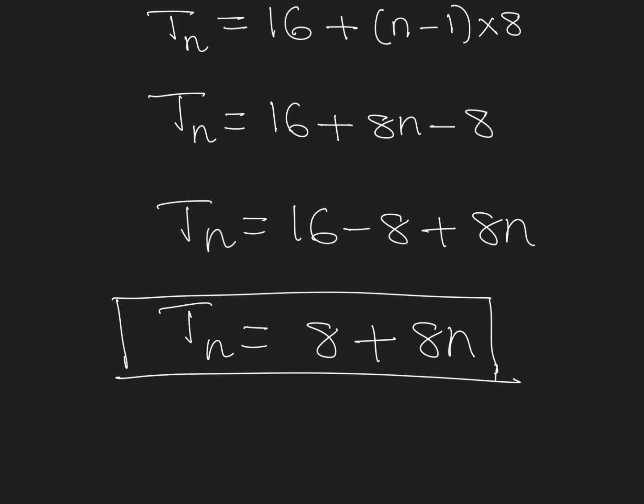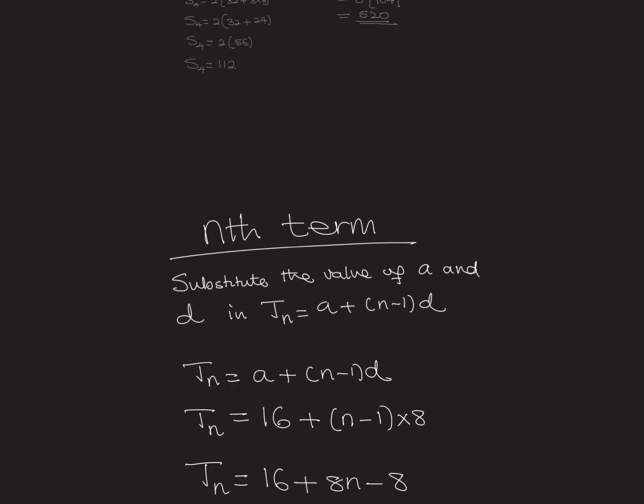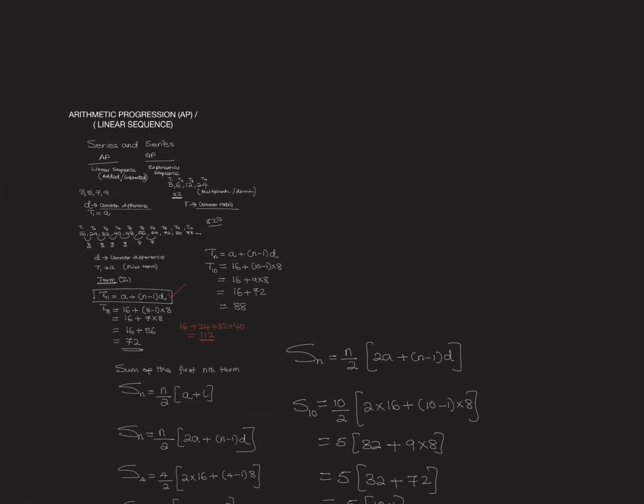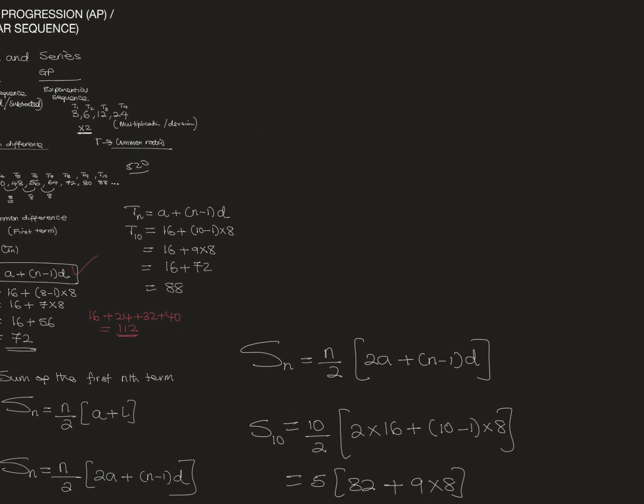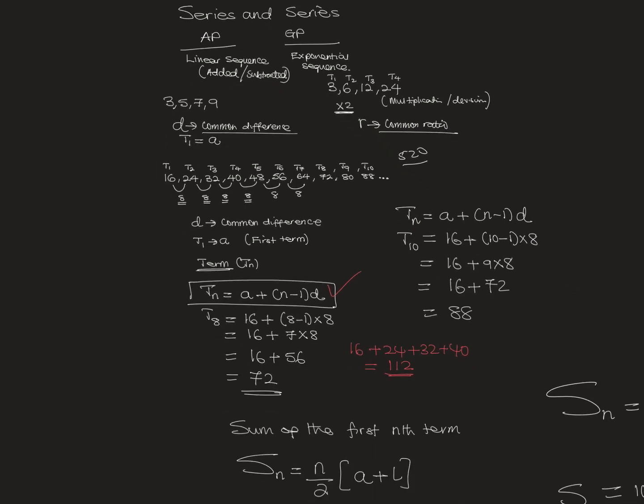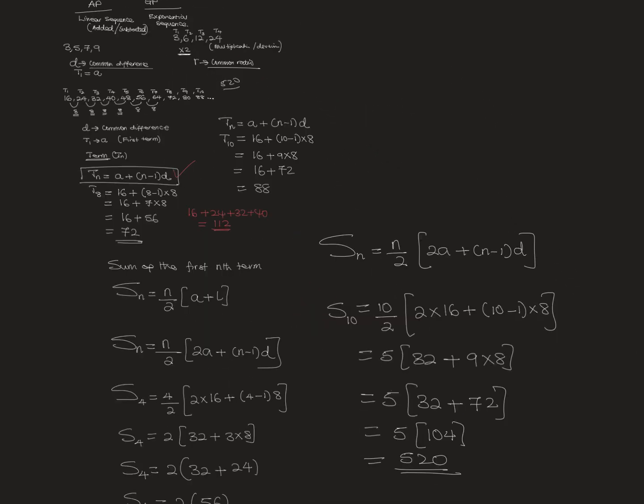So you see, it is the equation that will give you these sequences. All right? So this is an introduction to arithmetic progression. In our next video, we will be dealing with the problems.